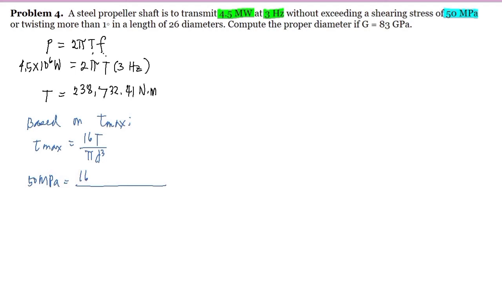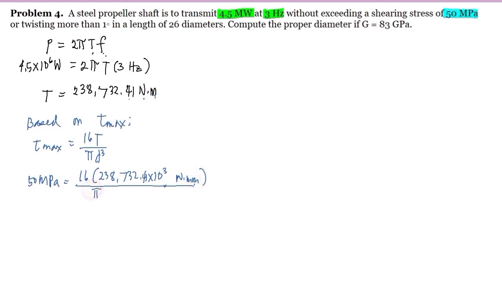The torque is expressed in Newton meter, but since we want Newton and mm, we convert this into Newton mm. So this would be 238,732.41 times 10 to the 3 Newton mm. Why times 10 to the 3? Because we converted the meter into mm.